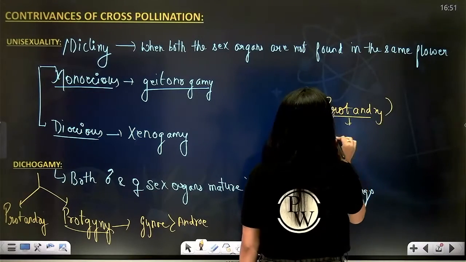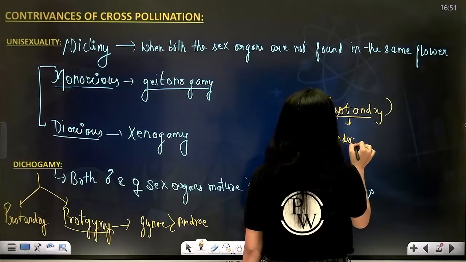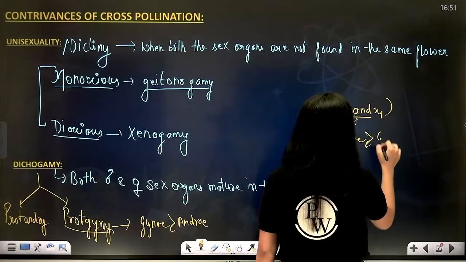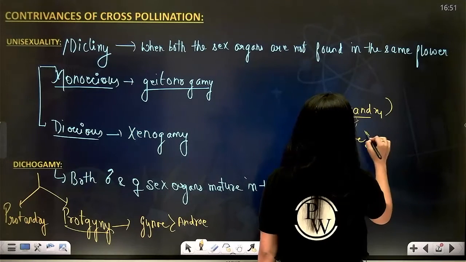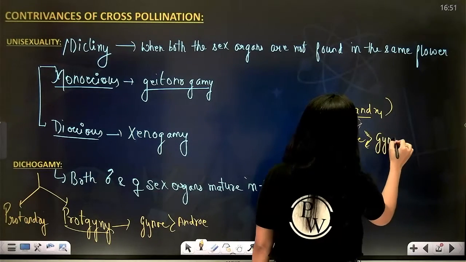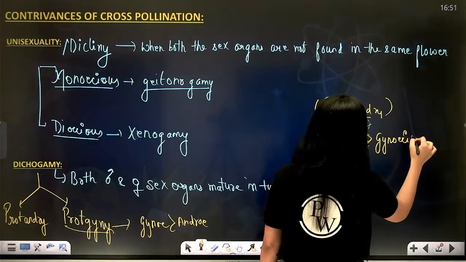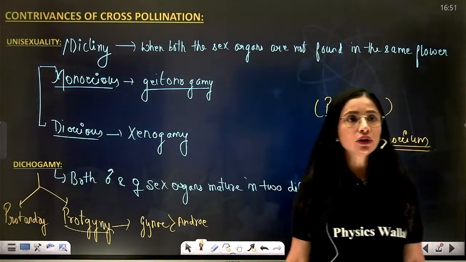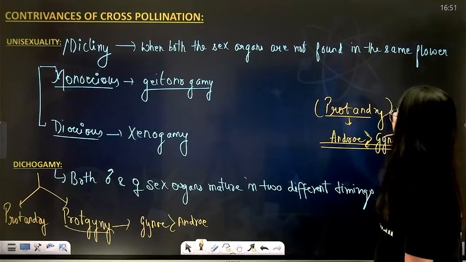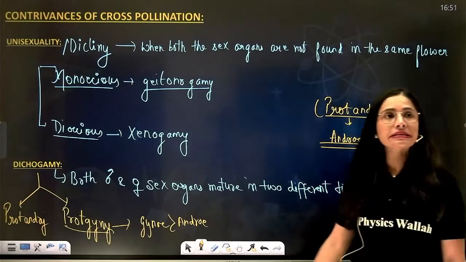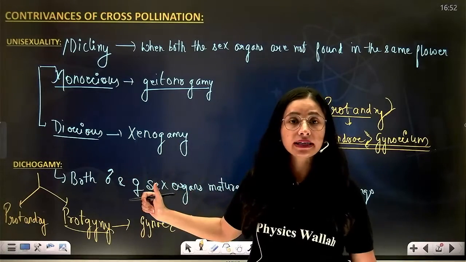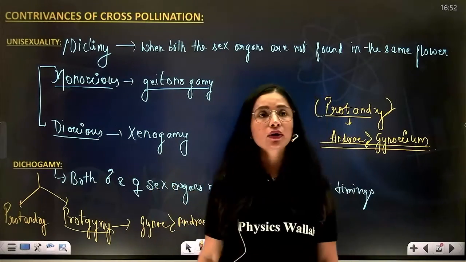That means when the androecium matures first then the gynoecium. Understood everyone, the two contrivances to promote cross-pollination: unisexuality also called dicliny, and dichogamy.